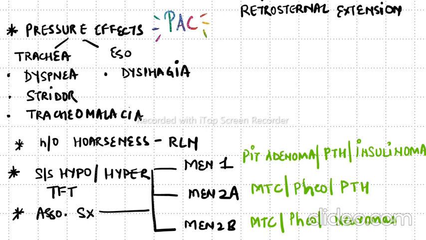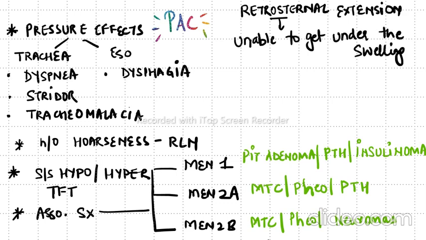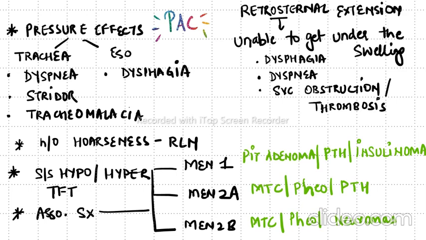So how will you examine? The book says that you won't be able to get under it. For this, you have to start palpating the thyroid gland and come down into the sternal notch. Also look for associated dysphagia, dyspnea, or SVC obstruction or thrombosis.